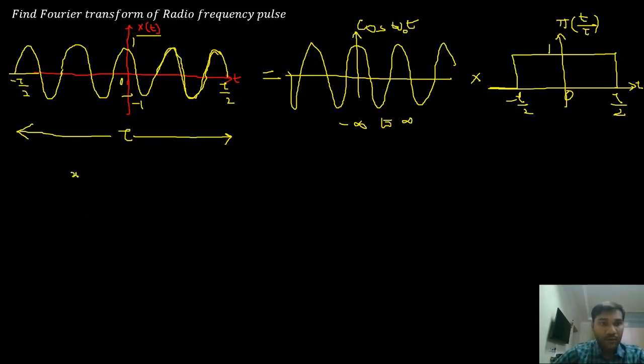So now let me write: x of t is nothing but my rectangular function, pi of t by the width of the pulse tau, into cos omega naught t.